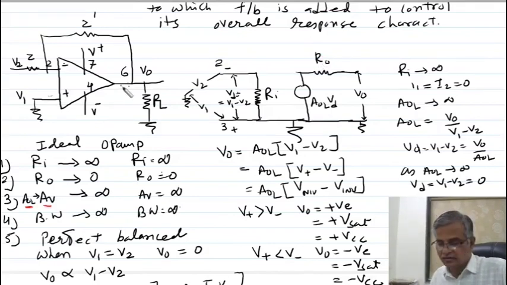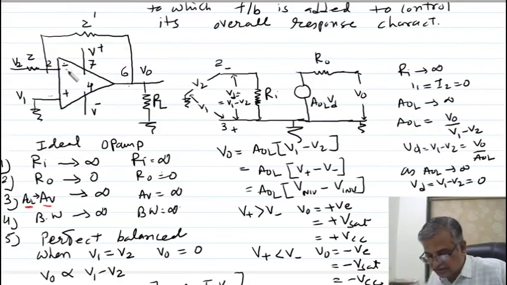So remember, these are the important points. This is closed loop, or with feedback: the current passing through this also tends to 0, and the output voltage does not depend on the current drawn from pin number 6. Even if you draw some current, the output does not change because RO is 0.